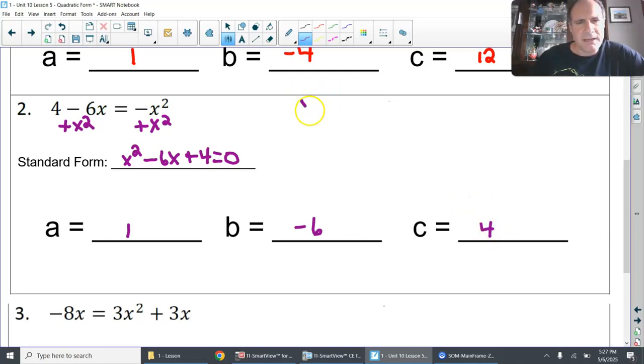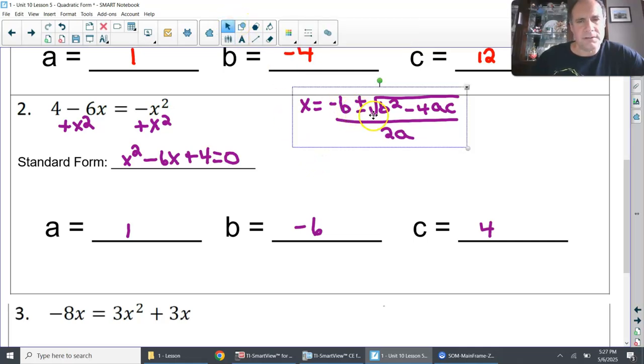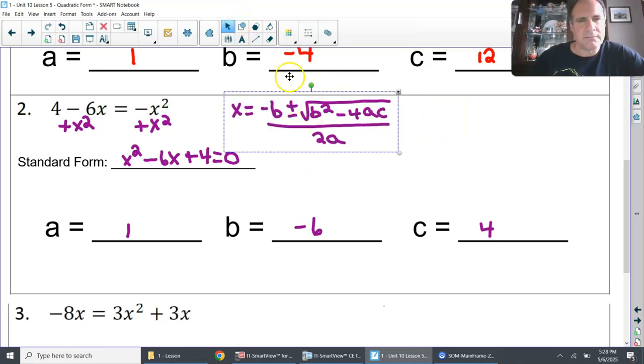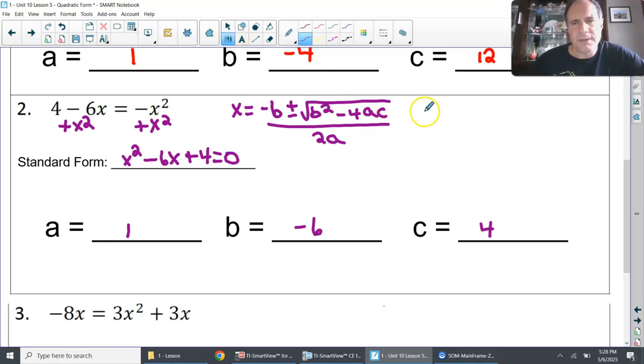Now I'm going to rewrite x equals negative b plus or minus square root of b squared, I was ahead of myself there, minus 4ac all over 2a. And let's see what we have here, because let's hope that we have a solution this time.